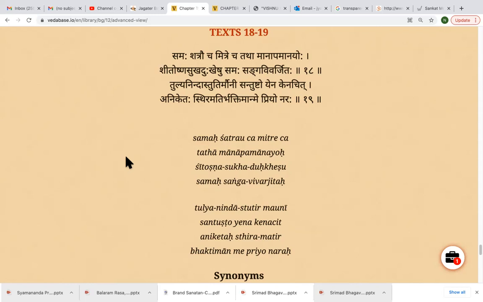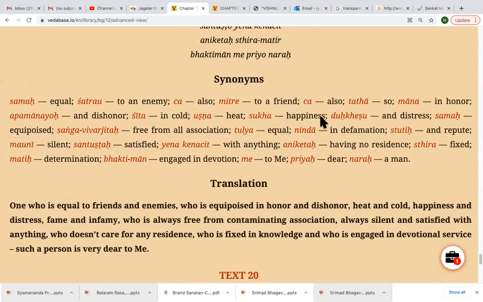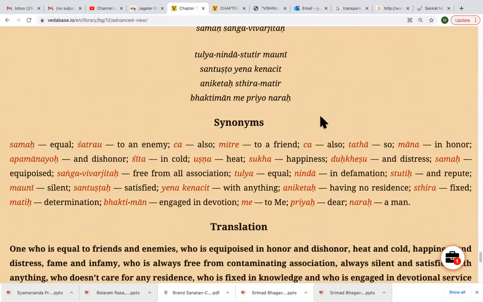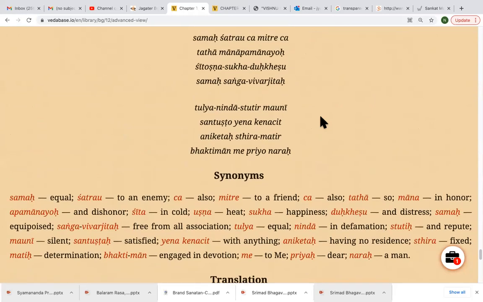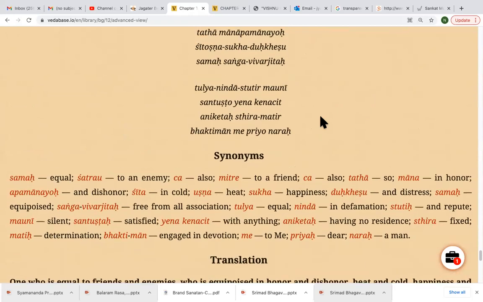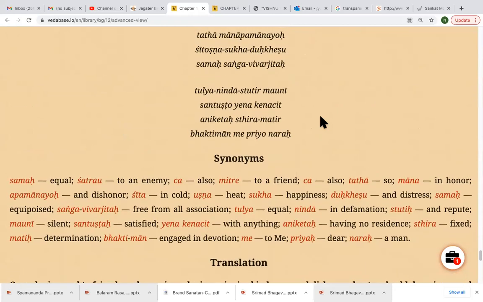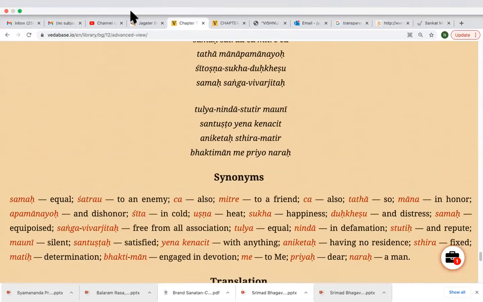Sama Sanga Vivarjitaha. Prabhuji, could you scroll down a bit? Yes. Just a little more. Yeah. Okay. Wait. I think the mobile screen is a little small when it comes to viewing the screen content. So I'll just open it up.